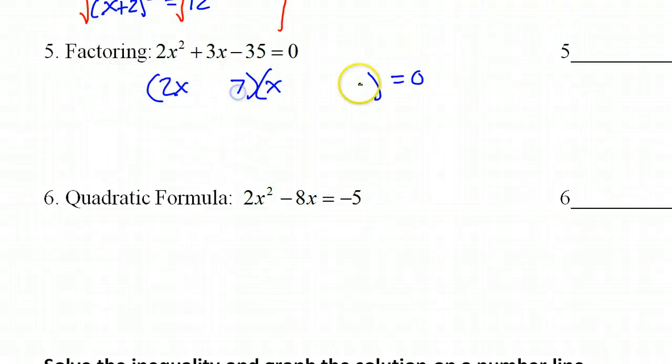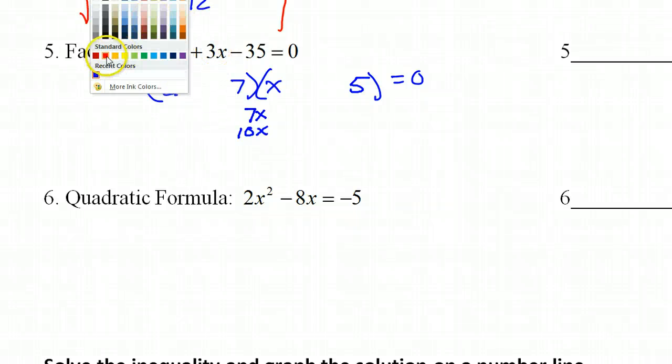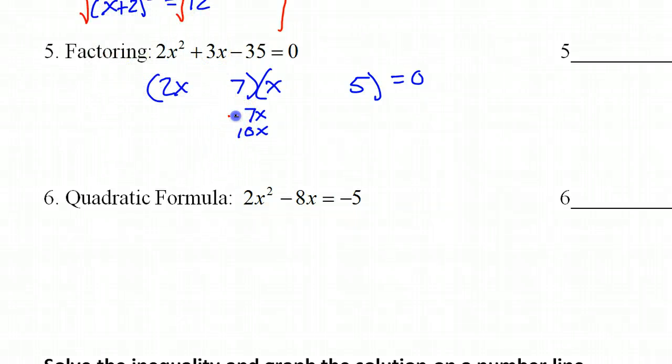So let's try 7 and 5. Okay, in that case, inner I have 7x, outer I have 10x. And again, I'm trying to get positive 3. I can do that. If I have a negative 7 and a positive 10, that would make a positive 3.